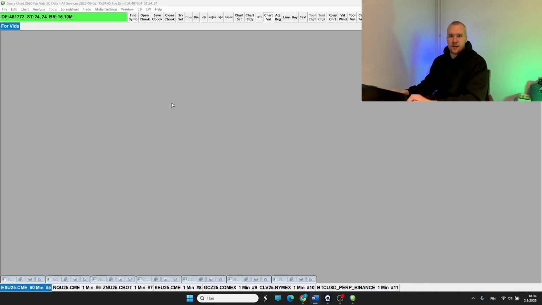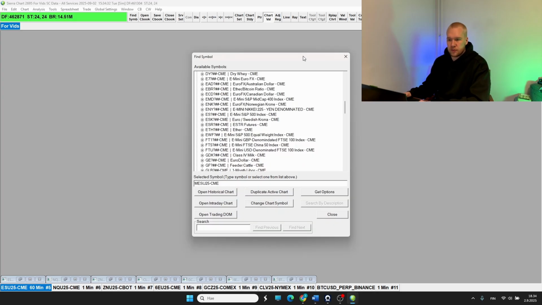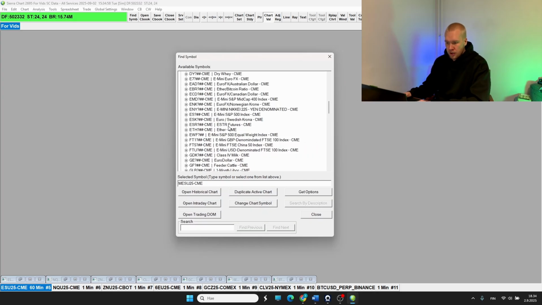All right, let's now look at how I actually made the chart which I used in this video. Now, if you're new to Sierra Chart, you want to open a new chart. So you come to Find Symbol and then you pick whatever you trade. I already have mine selected here.